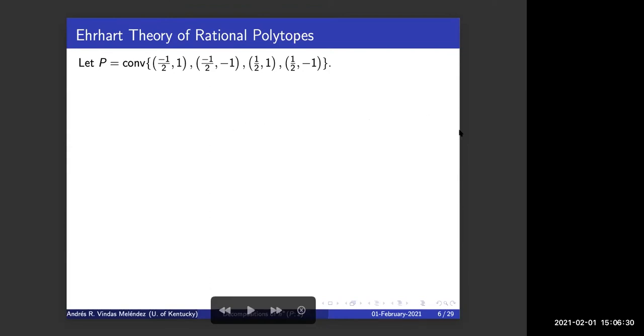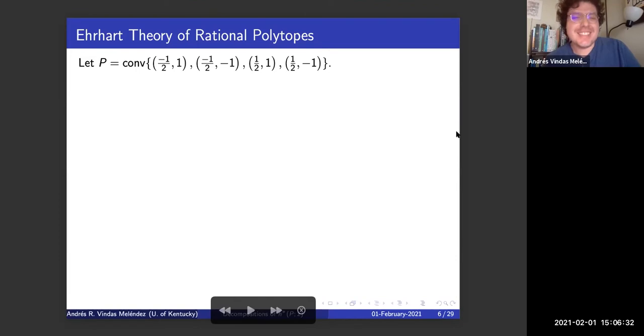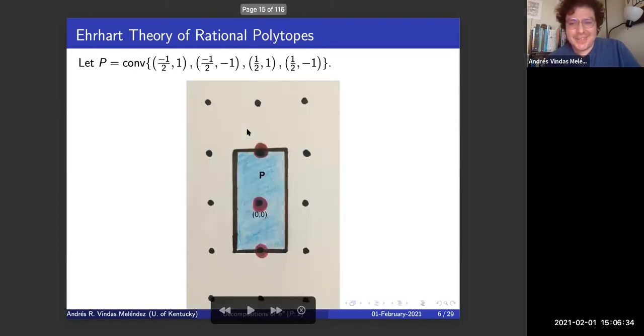I think all my examples are in 2 dimensions because, of course, I drew these things by hand. Please note that this is a rational polytope, because the vertices are rational points. I care about enumerating the lattice points, and we see that this polytope P has 3 integer points.